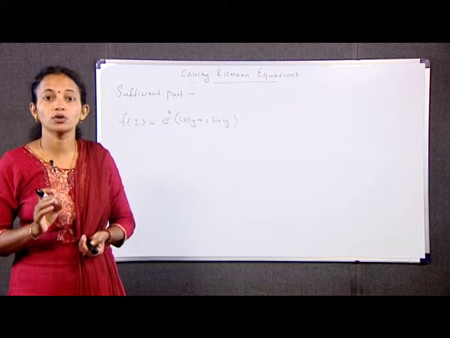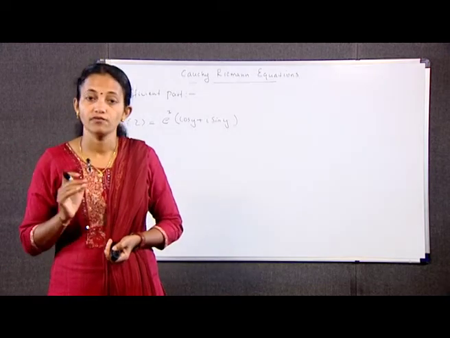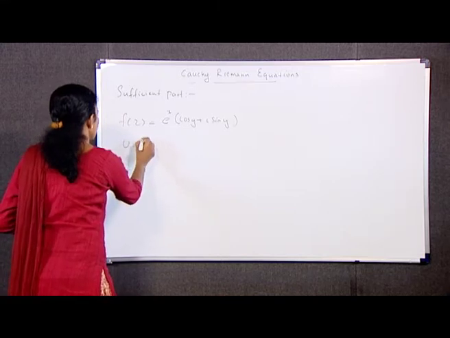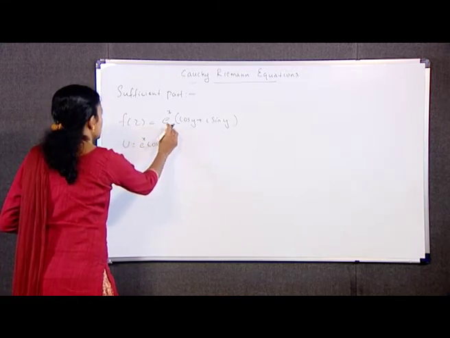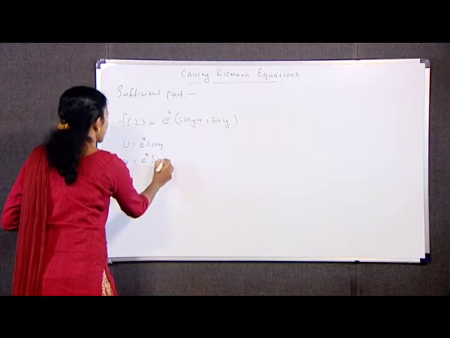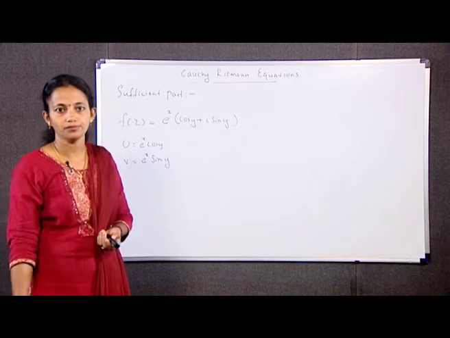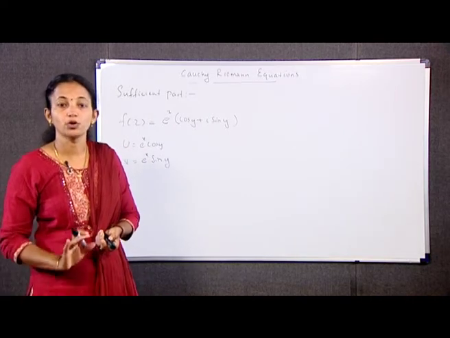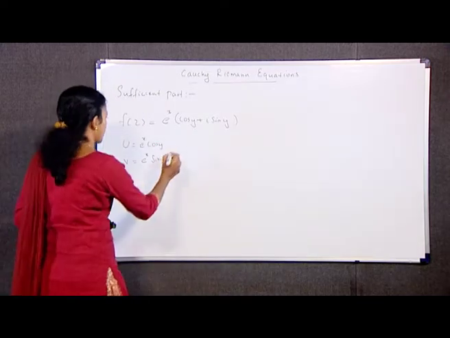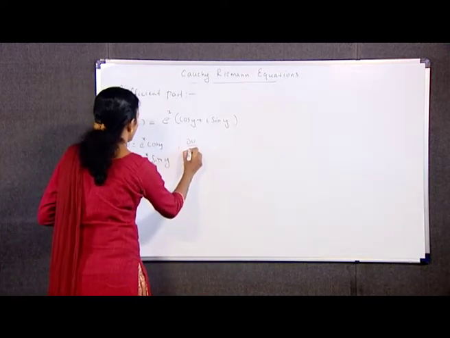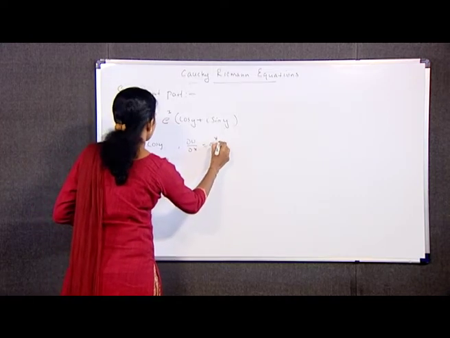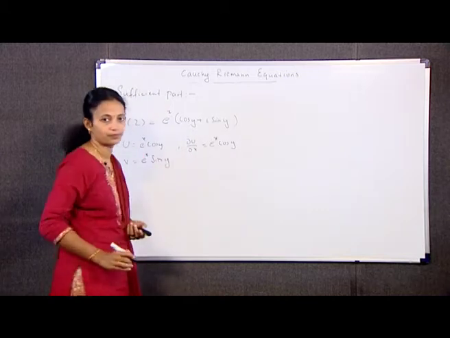Here u is equal to e raised to x cos y, and v is equal to e raised to x sin y. Then dou u by dou x, differentiating, is equal to e raised to x into cos y itself.